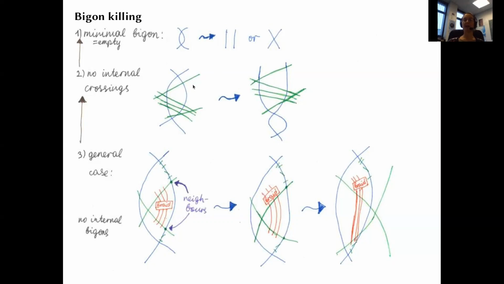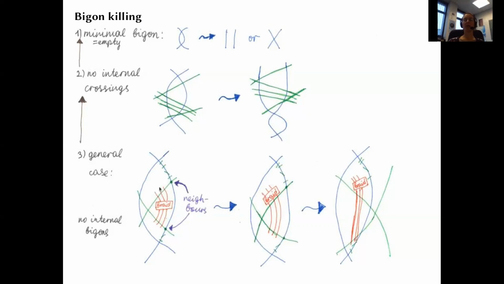In this case, the relation you had on the generators allows you to pull all these green strands up so that you are now left with a minimal bigon, and so you can proceed as you proceeded before in case 1. And in the general case, you take a bigon.